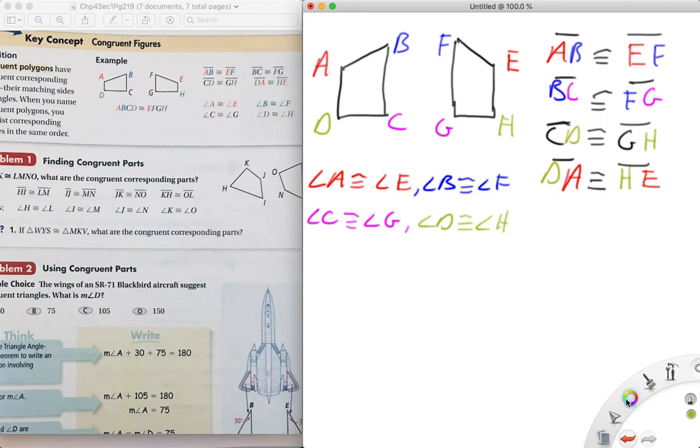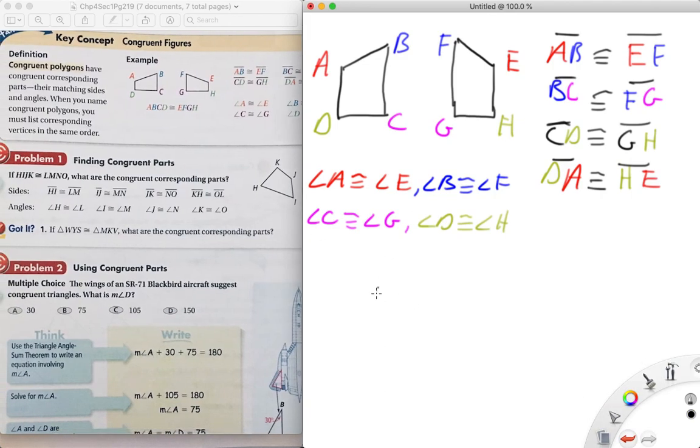We have something called corresponding parts.